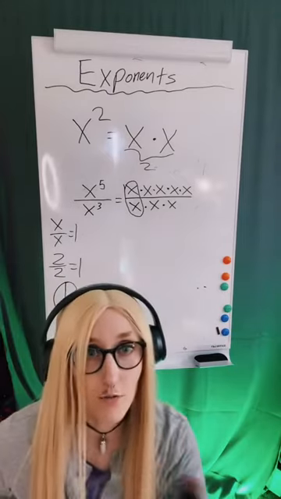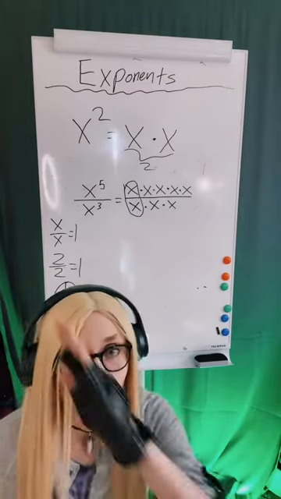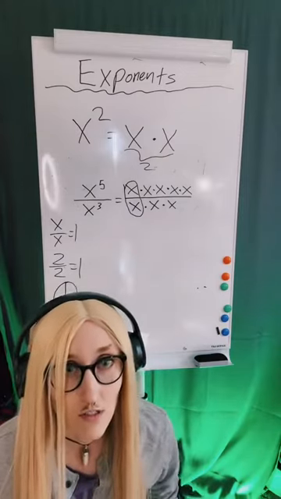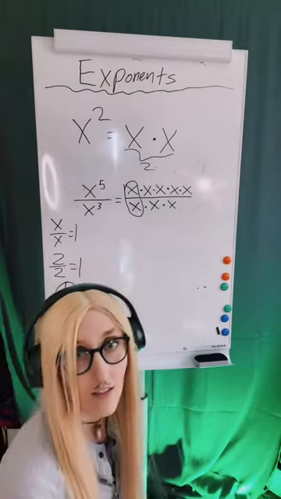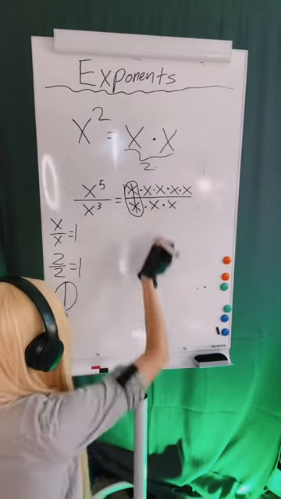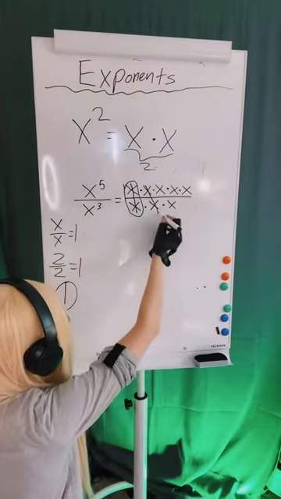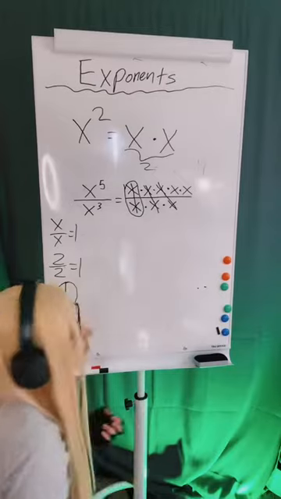You can also think of it as canceling it out. Some people like to think of it like that, you're canceling out those x's. So these guys go together to make a whole. These guys go together to make a whole. These guys cancel each other out, right?